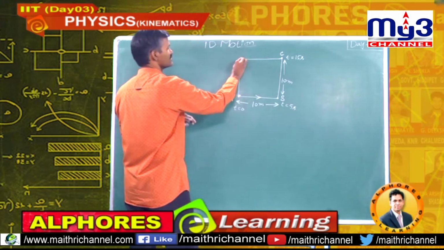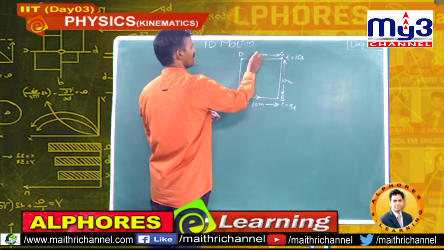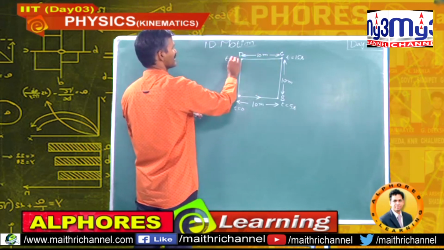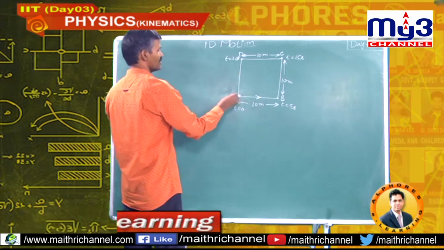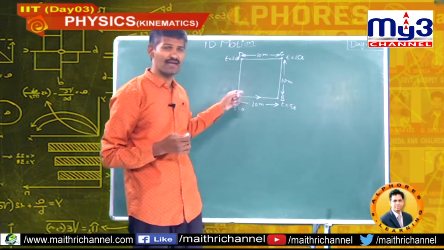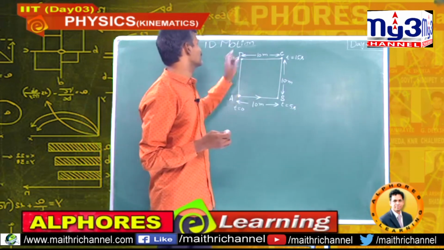Then it reaches point D, another 10 meters, taking a time of 20 seconds. Find the average speed of the body when it travels from A to D.